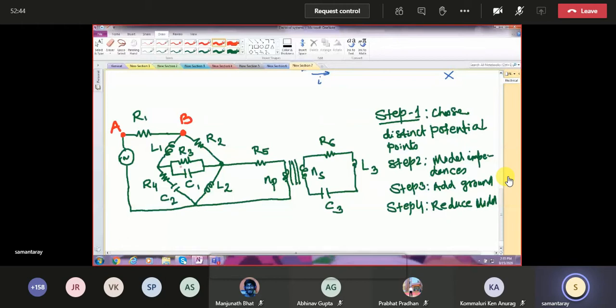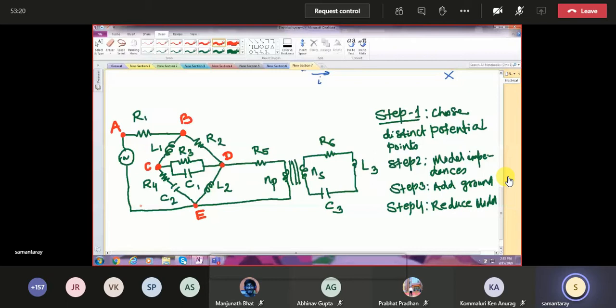Where else? Here is one, let's call it C. Here is one, let's call it D. Here also another one is there, E. So it's across AE, include the impedance, the source. Now we also have another point here. We may not include it, since it's very simple to model the CE part.